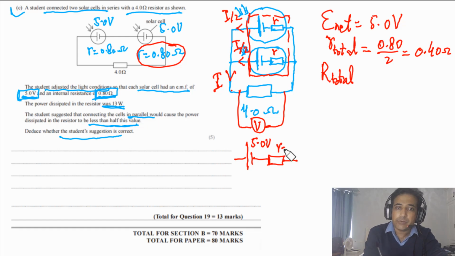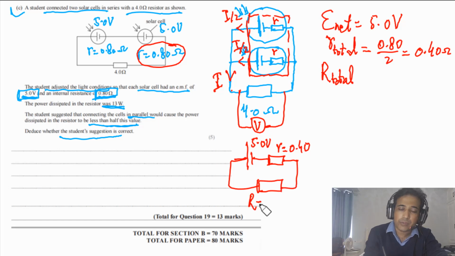Then what is the internal resistance? That is 0.40 ohms. So we can replace these two cells with this one cell with this internal resistance and this value of EMF. Here we have a resistor of resistance 4.0 ohms.